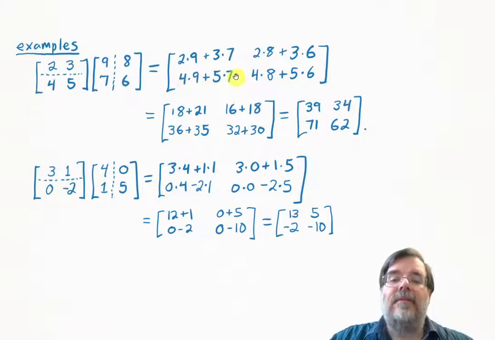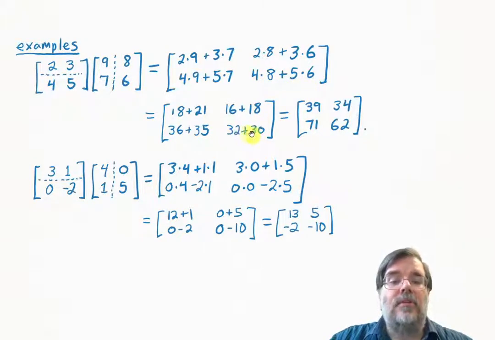The bottom left entry is the bottom row, dot with the left column. 4 times 9 plus 5 times 7. That's 36 plus 35, which is 71. And finally, the bottom right entry is the bottom row, dot with the right column. 4 times 8 plus 5 times 6.